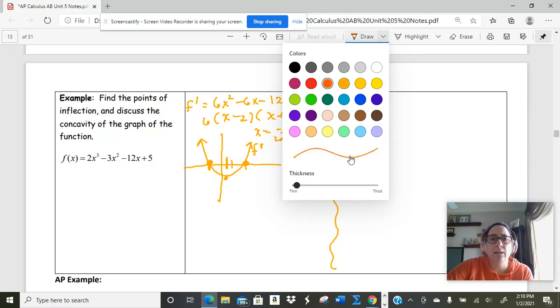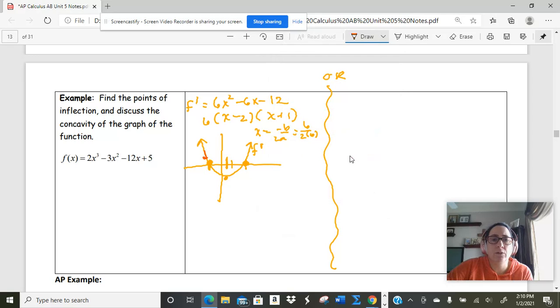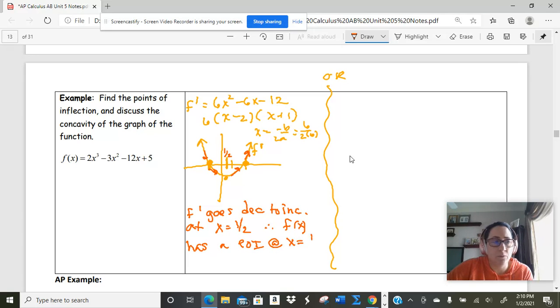I can see that f prime goes decreasing to increasing at this 1/2. Therefore, f of x has a point of inflection at x equals 1/2.